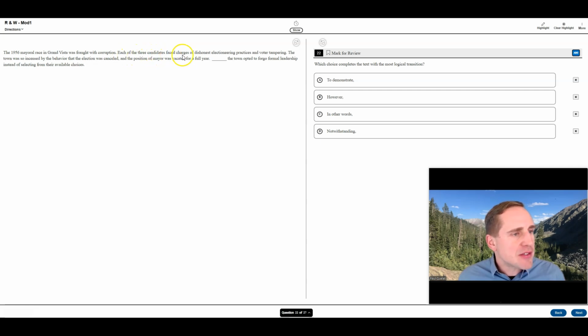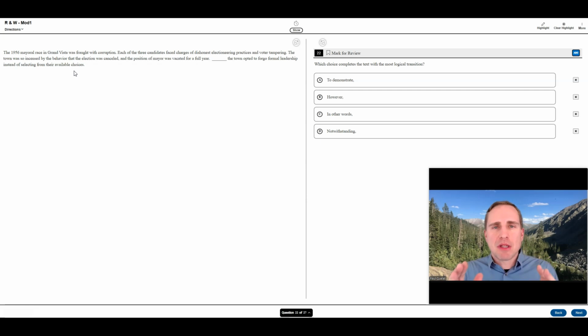Each of the three candidates faced charges of dishonest electioneering practices and voter tampering. The town was so incensed by the behavior that the election was canceled and the position of mayor was vacated for a full year. Blank, the town opted to forego formal leadership instead of selecting from their available choices.